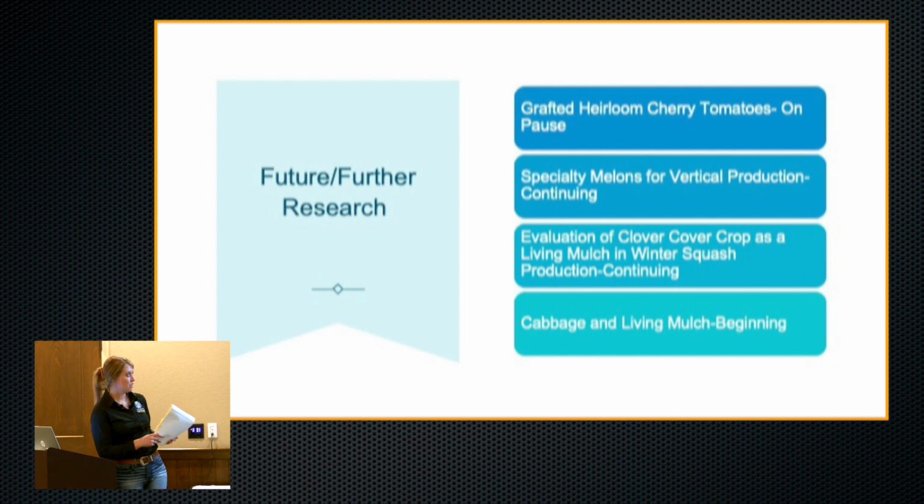And this coming growing season, we'll also begin looking at cabbage and utilizing clover as a living mulch with that crop. And the USDA NIFA Organic Transitions Program grant will be funding this research with the cabbage and living clover mulch. So a special thanks goes out to them in advance.